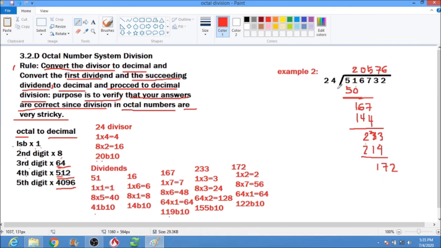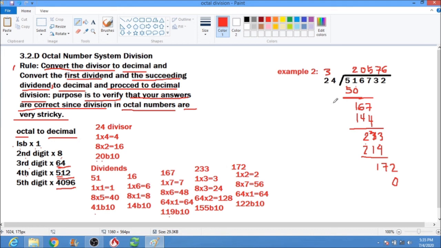6 times 4 is 24. 24 divided by 8 is 3. So meaning this is 0, carry 3. 6 times 2 is 12 plus 3 is 15.